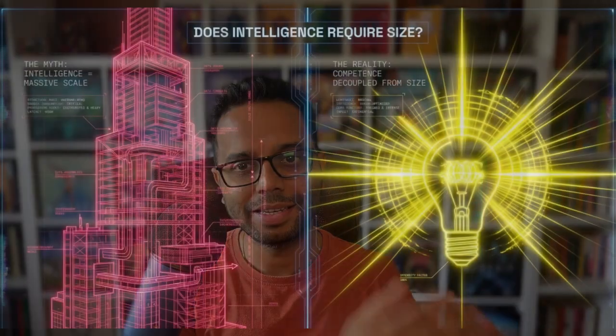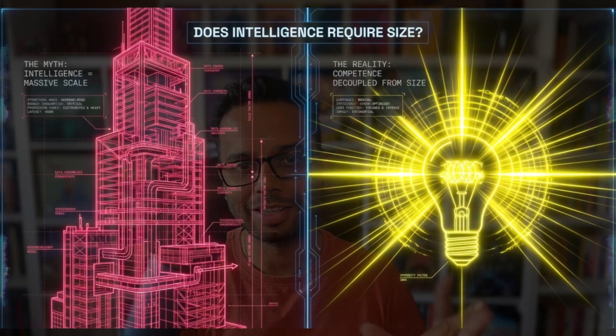So large language models are basically built on a huge data set. Imagine some of the models of ChatGPT today or Gemini today are built on the entire internet. Now the question that probably comes to our mind is, does intelligence require size?